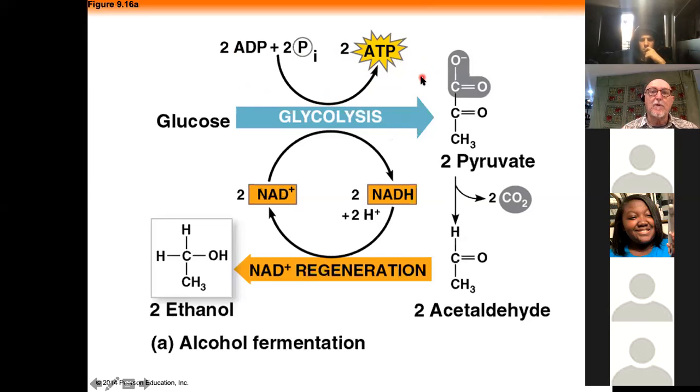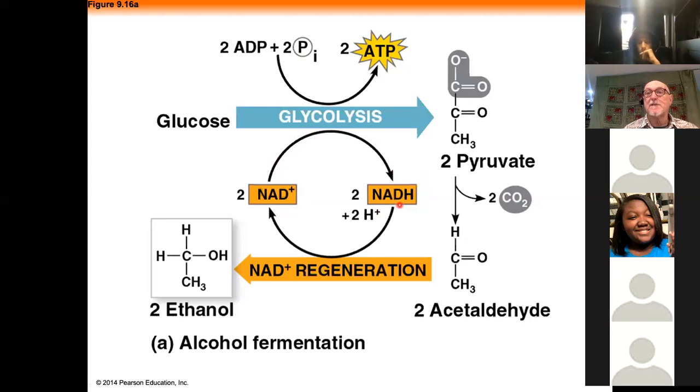But here's the problem with using that. Have a look here. This is how we actually produce that ATP by glycolysis. We reduce NAD+ to NADH plus protons, and that gets sent off to the electron transport chain for oxidative phosphorylation.